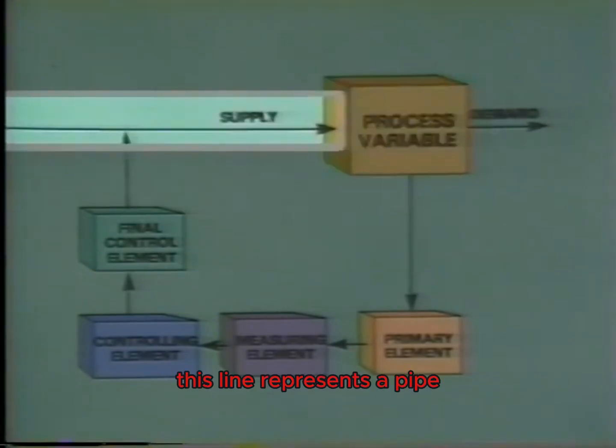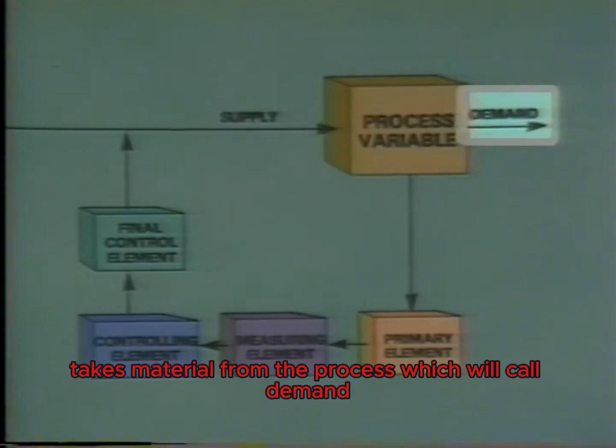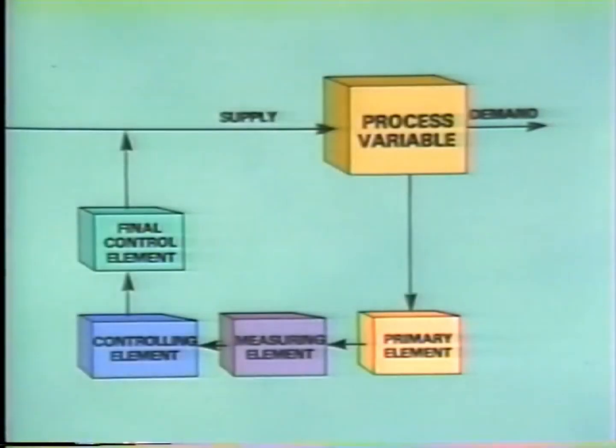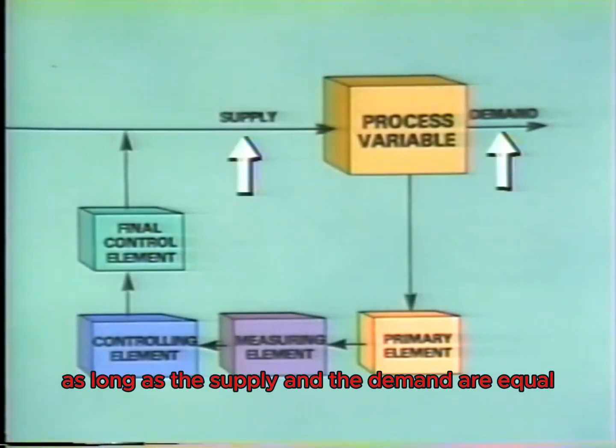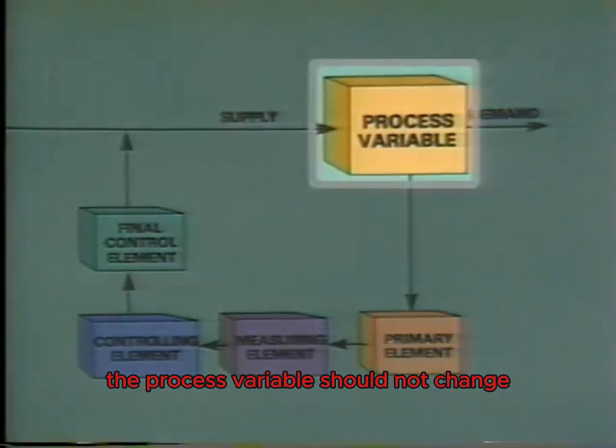This line represents a pipe that supplies material to the process, which we'll call the supply. This line represents a pipe that takes material from the process, which we'll call demand. As long as the supply and the demand are equal, the process variable should not change.